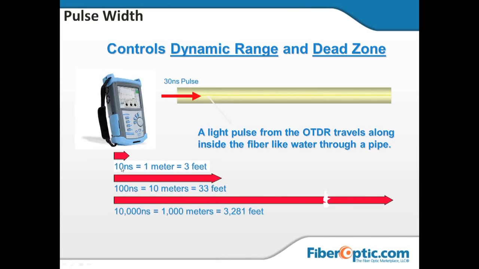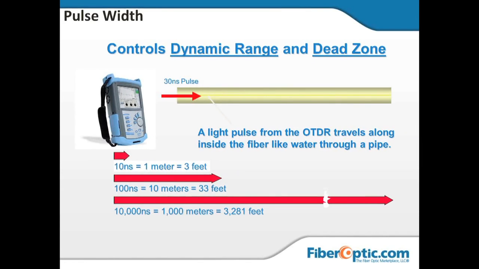You're going to have a certain distance of that hose with water in it, and it's going to flow down to the end of the hose. If you turn that water faucet on for 10 seconds and turn it back off, you're going to have 10 times as much water, or 10 times as much hose full of water. The pulse width does the same thing with the fiber.